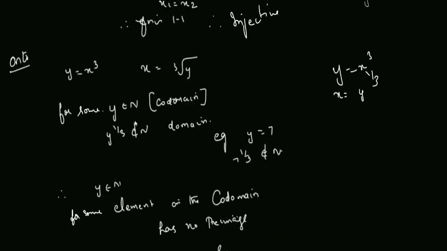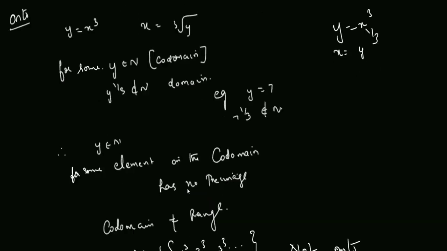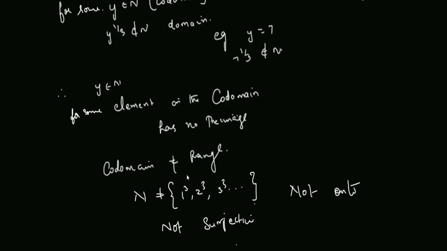So some elements in the codomain do not have pre-images. So that means the codomain is not equal to the range. So codomain is set of natural numbers and the range is 1 cube, 2 cube, 3 cube, etc. So therefore it is not onto. Therefore it is not surjective.